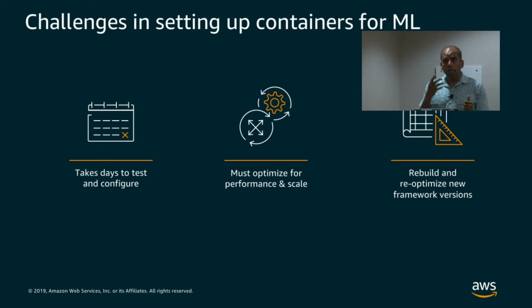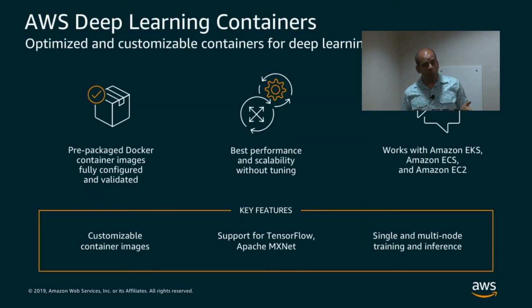Then a new version of TensorFlow or another framework comes up, and you have to rebuild those containers and manage them. That's the problem our customers were telling us is important to them. So we launched AWS Deep Learning Containers. These are a predefined set of Docker images, and you can leverage those images.